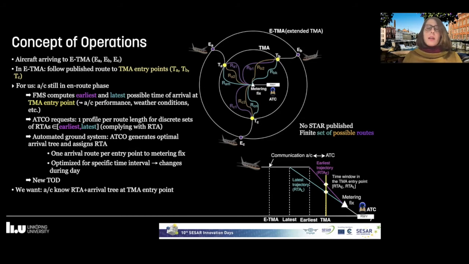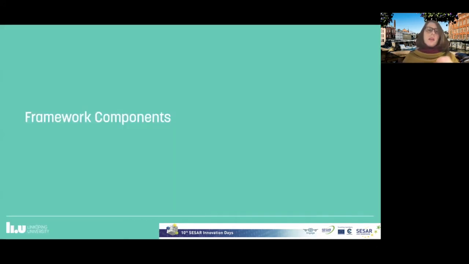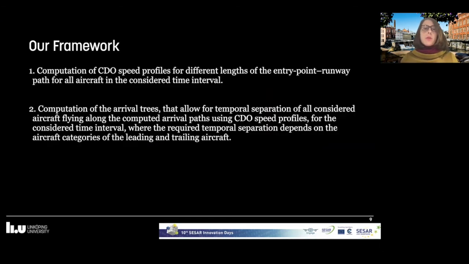This is computationally expensive, so it could also mean that we want to establish the communication between the aircraft and the controller well before the extended TMA to allow for those computations. So let's look at the components of our actual framework. We have two main components.